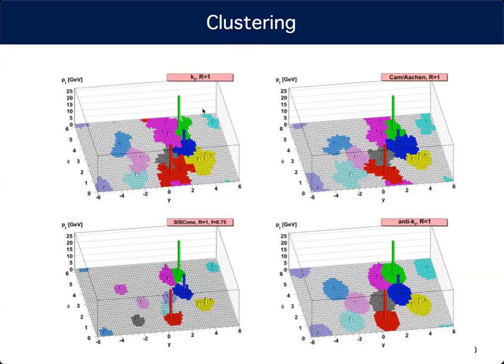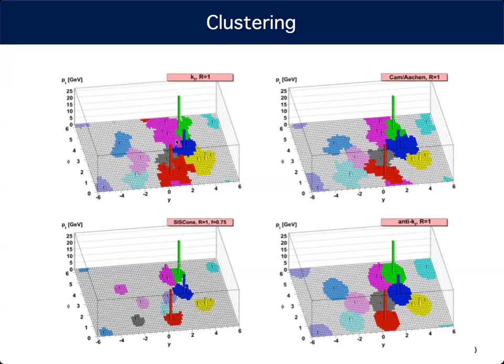After the clustering algorithm, you can do a couple of different versions. If you say n is equal to 1, it's the so-called KT algorithm, which is the original version, and it looks like this. The KT algorithm was available for a very long time, and it provides very nice, theoretically accessible jets.